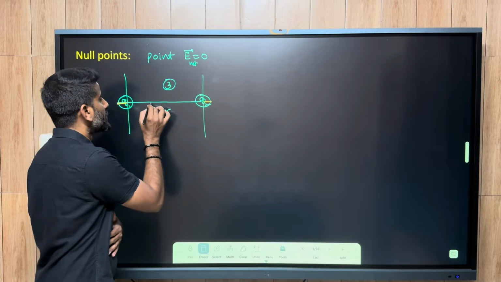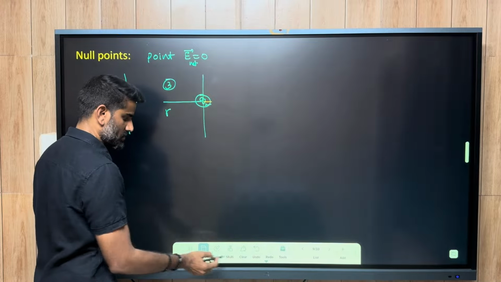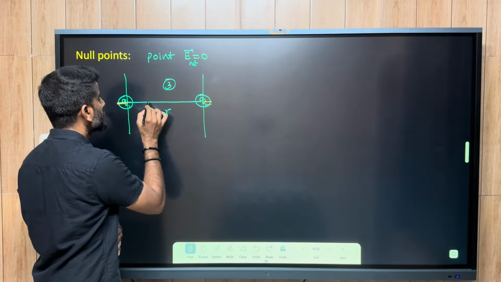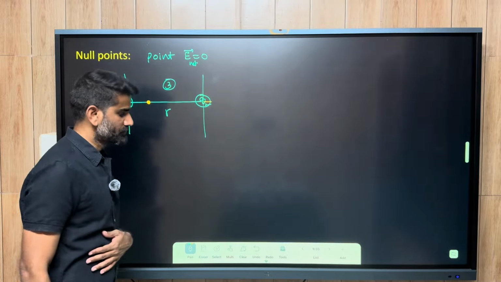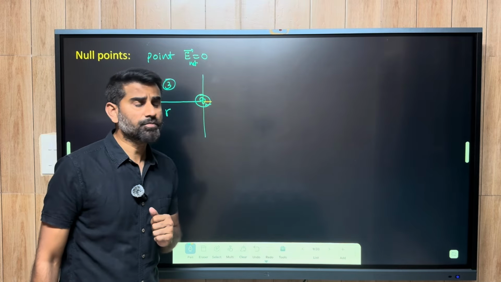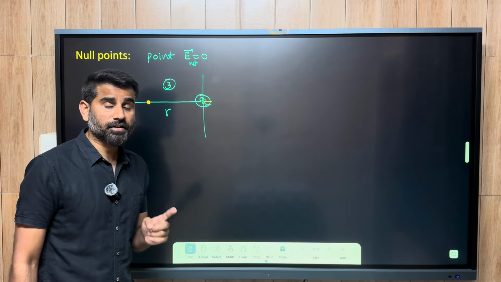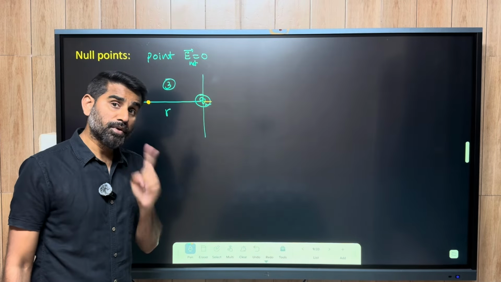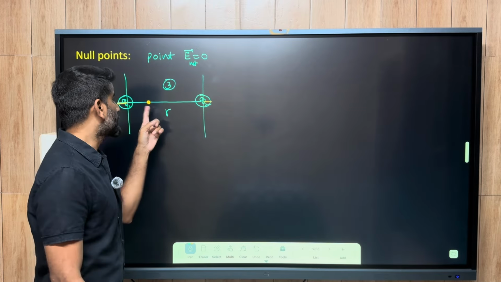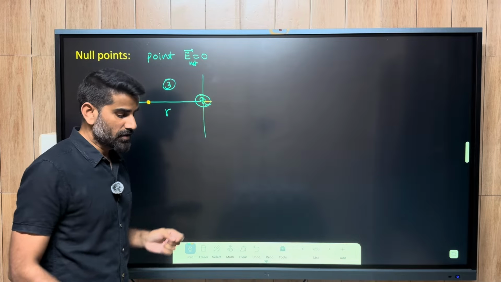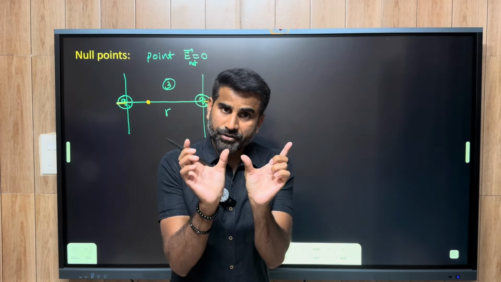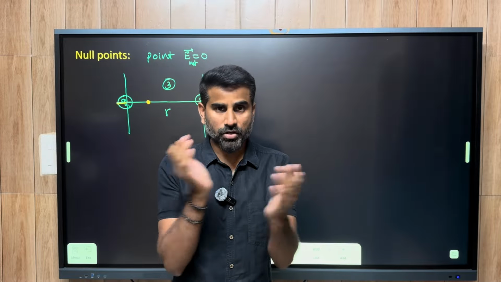I am considering the point somewhere here. Now I have to find the electric field at this point, and I have to make sure the net field at this point should be 0. That means the fields due to both the charges must be of equal magnitude but of opposite direction.